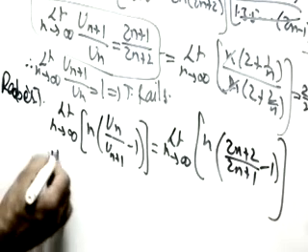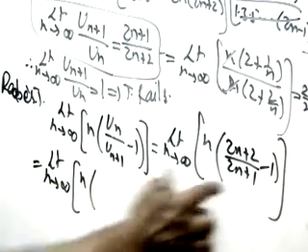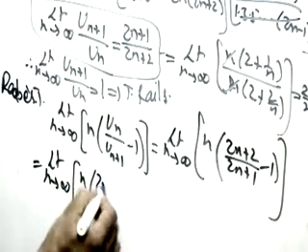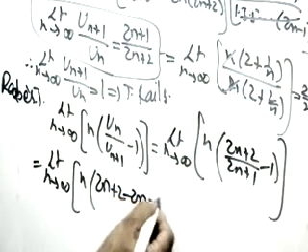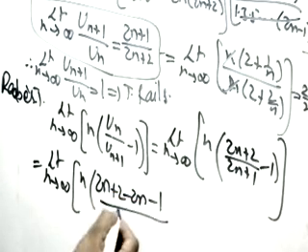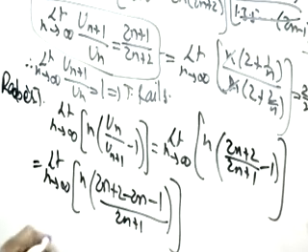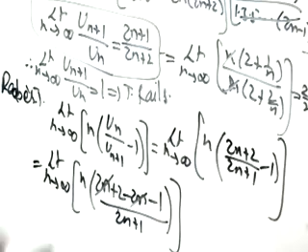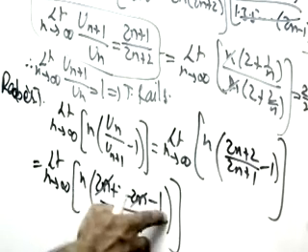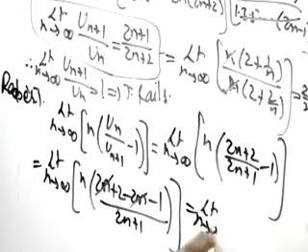Let me take the LCM first. I'm writing here, limit n tends to infinity, n into (2n+2 minus 2n minus 1) divided by (2n+1). Now we can cancel: plus 2n and minus 2n cancel. What is left is 2 minus 1 is 1, and 1 into n is n.